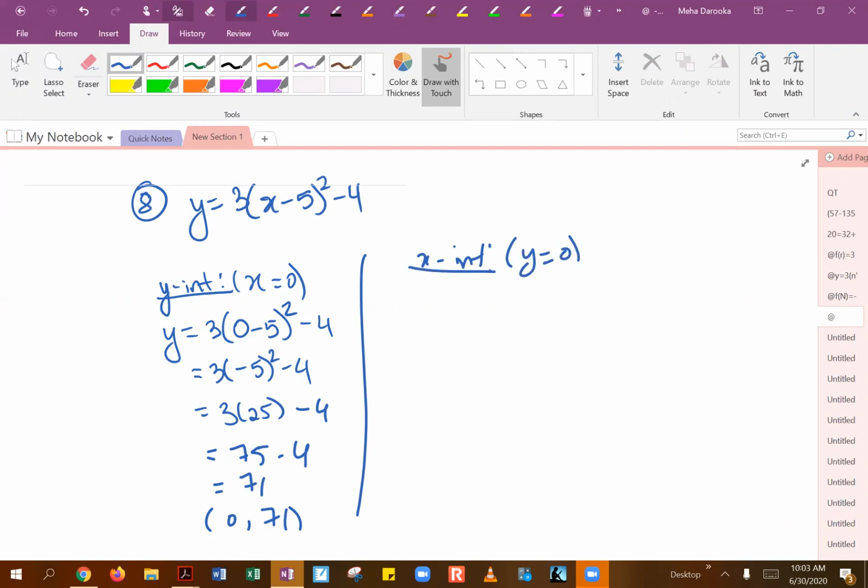So y equal to 0 would be 0 equals 3 times (x minus 5) squared minus 4. So where would you start first to try and even solve this? Okay, Clinton, you also got 71 for the y-intercept. Very good. So what's the first thing we need to do? Because remember, our goal is to get x by itself.